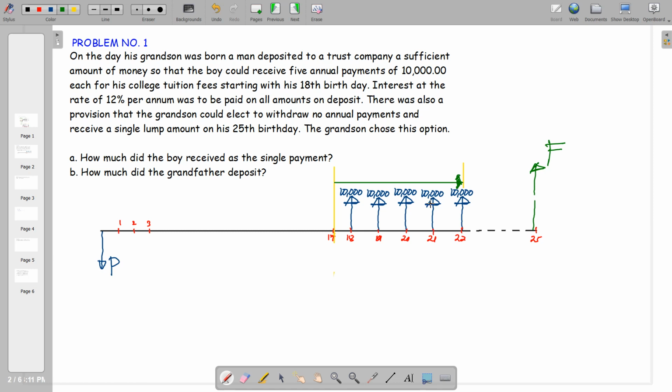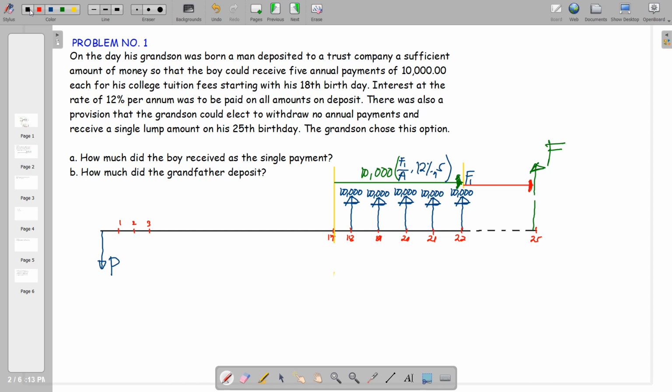We can say that 10,000, and if I label this as F1, we have the notation finding F1 given A at 12% and 5 periods. So this will now be the value of F1. That F1 will be brought to this. So we have that arrow.